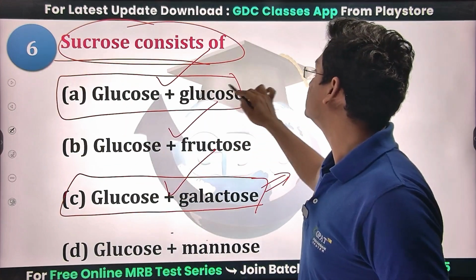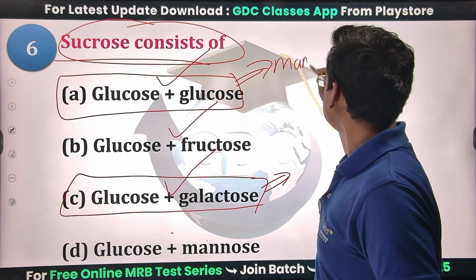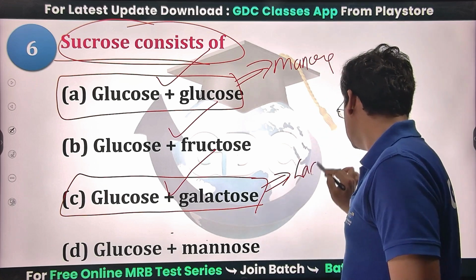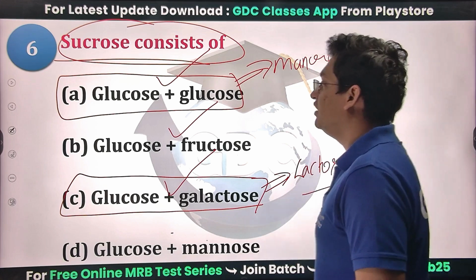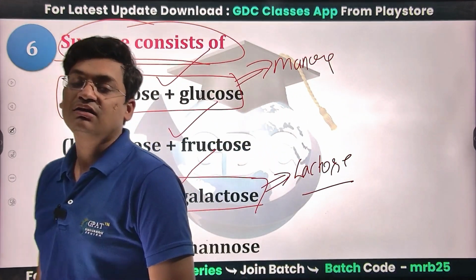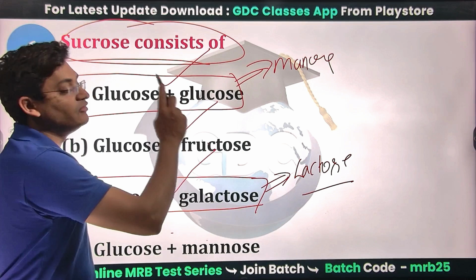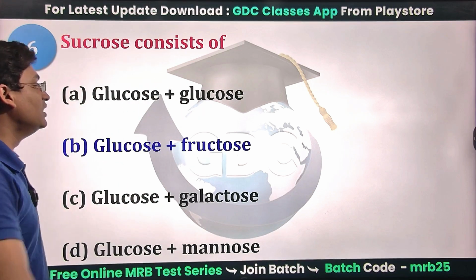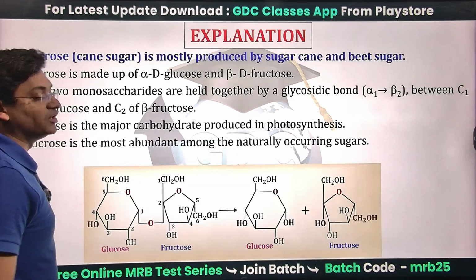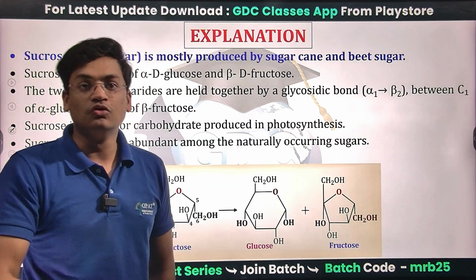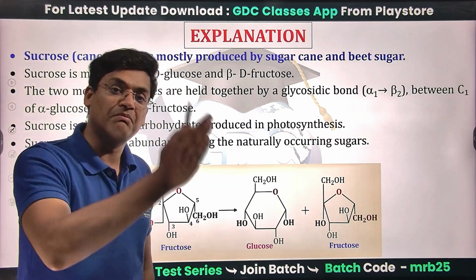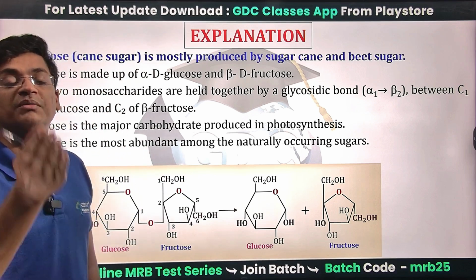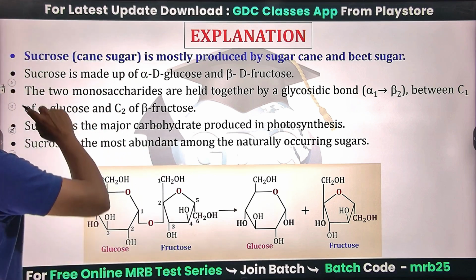Glucose plus glucose constitutes maltose. And when we have glucose plus fructose, this disaccharide is sucrose. So B will be the right answer here.